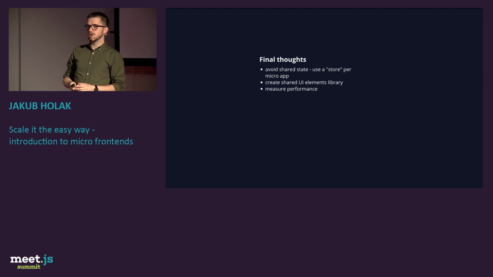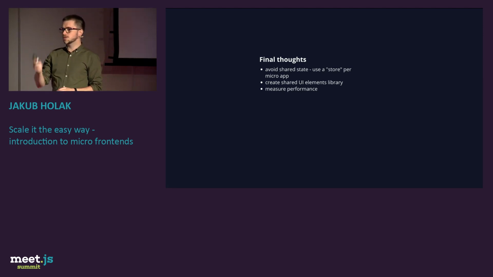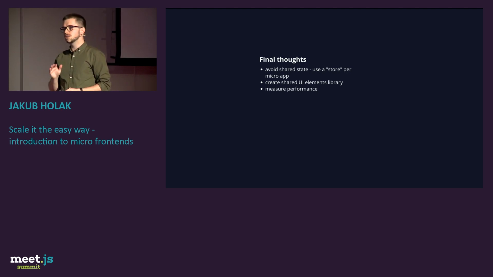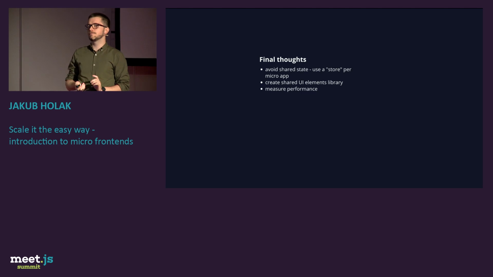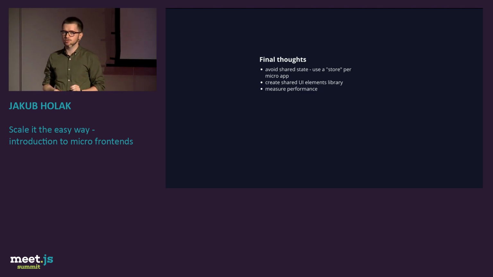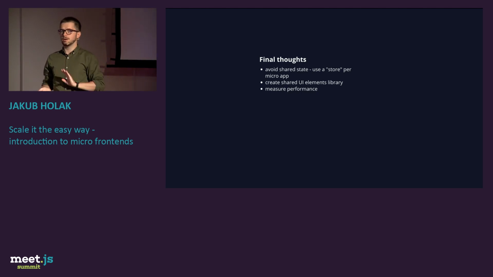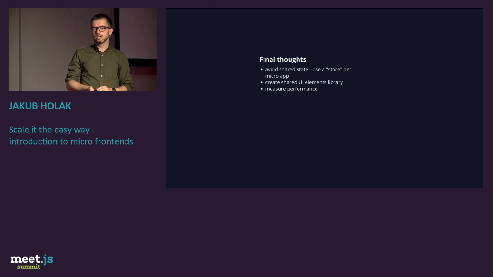So you need to be aware of that. Every micro app should be independent, so they shouldn't share any dependencies. So if you want to use React, even if it's the same version, each web app should provide its own React and it should be encapsulated.